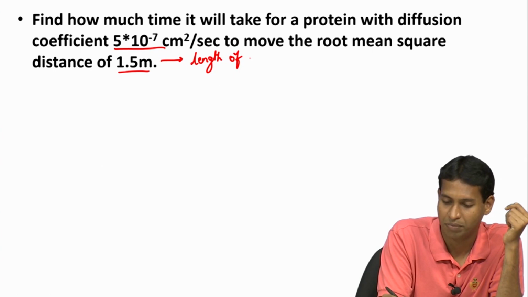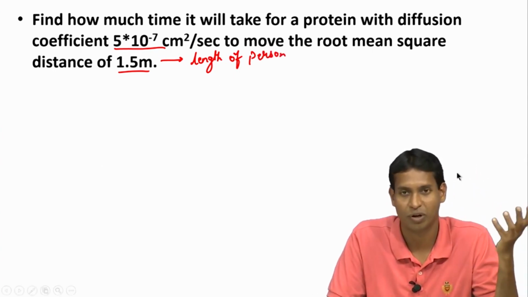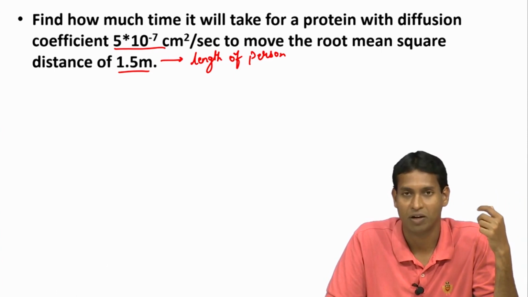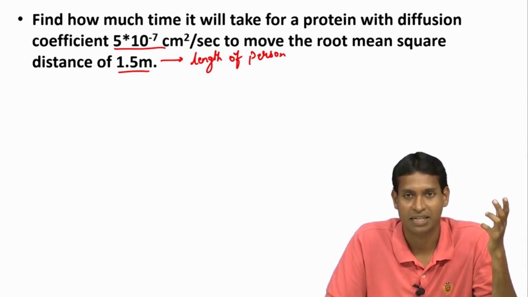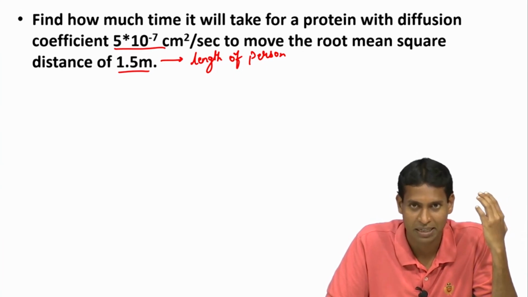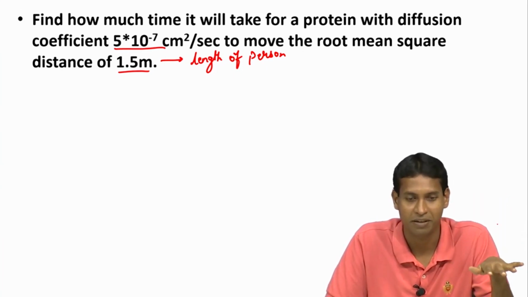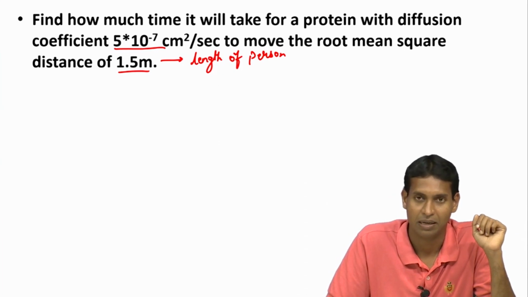of a person, right. We are anywhere between 1.5 to 2.1 meters depending on how tall or short we are. So basically the question is asking how long will it take if I have a protein, let us say, in my brain for it to reach my feet, if it is just by diffusion.